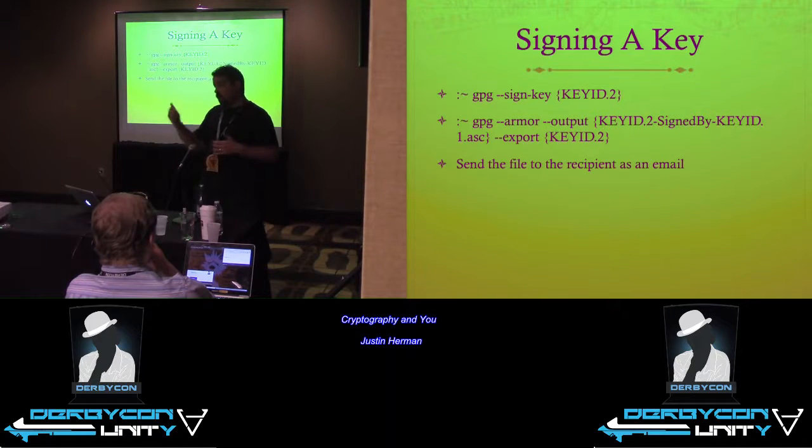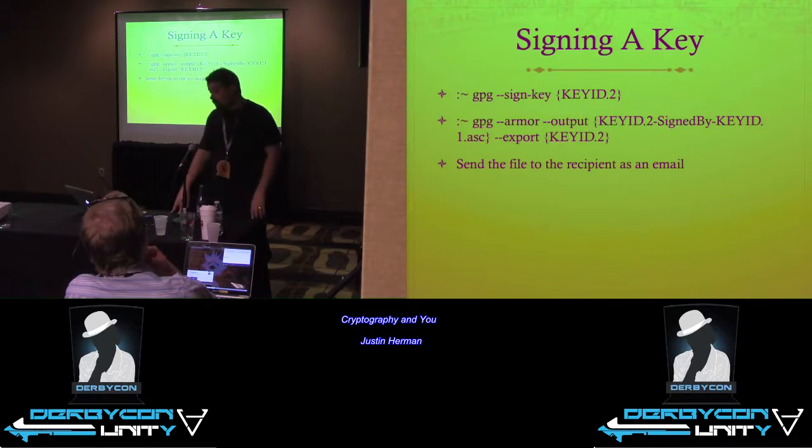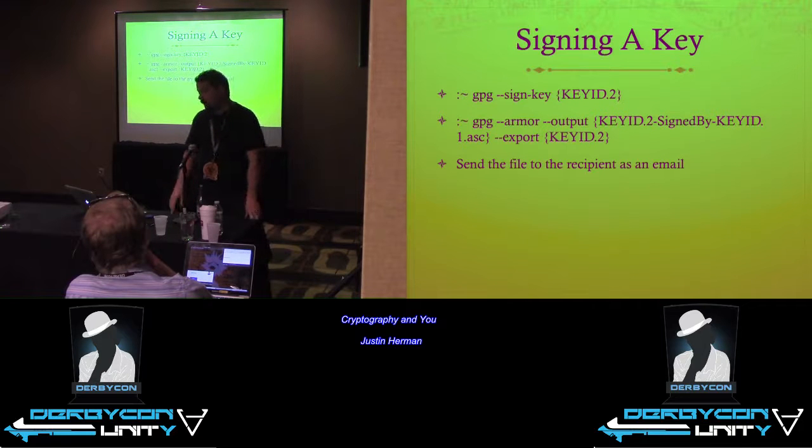So I would sign your public key, and then I would send that. I could then export that key after I've signed it, which is what the second command is: gpg --armor --output, whatever file name we want it to be, .asc, --export, and then the key ID of the key that I just signed, which was yours.